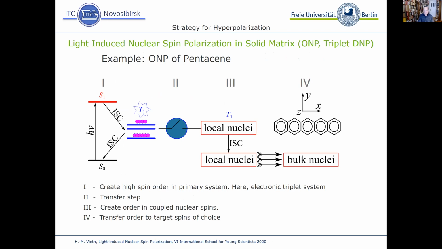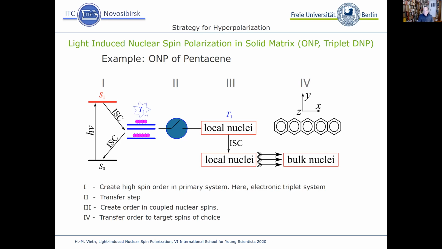As I said, it's termed usually optical nuclear polarization, ONP, or sometimes now triplet DNP. And I will start with an example of pentacene, molecule shown on the right-hand side.